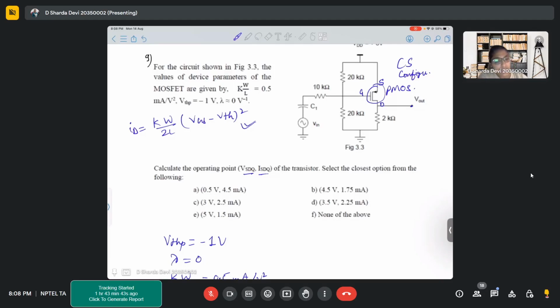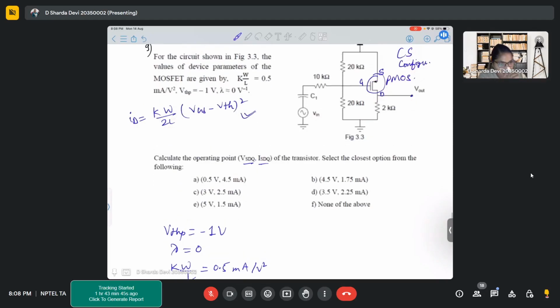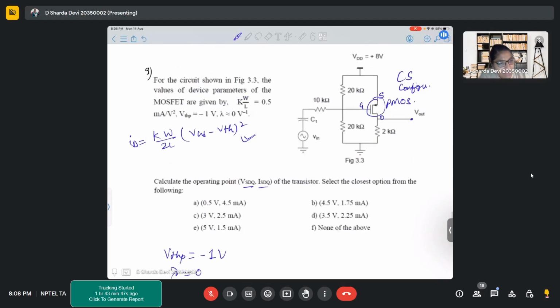So in this particular question, first of all, you have 8 volts of VDD, 20 kilo ohms of your gate resistances. And operating point always means DC operating point. We also call it biasing point. Whenever there is an operating point, it is always DC that we are talking about.